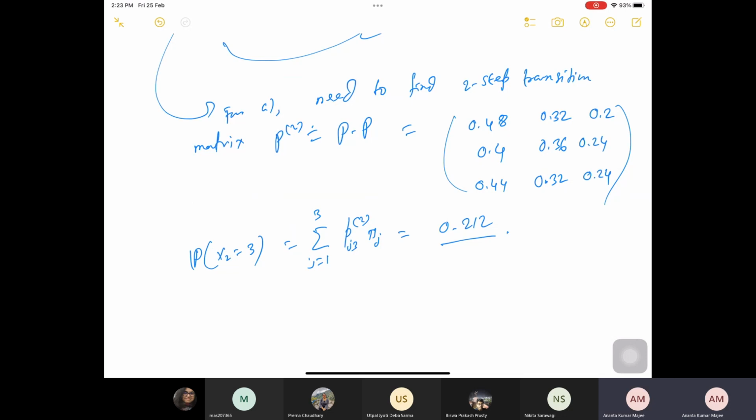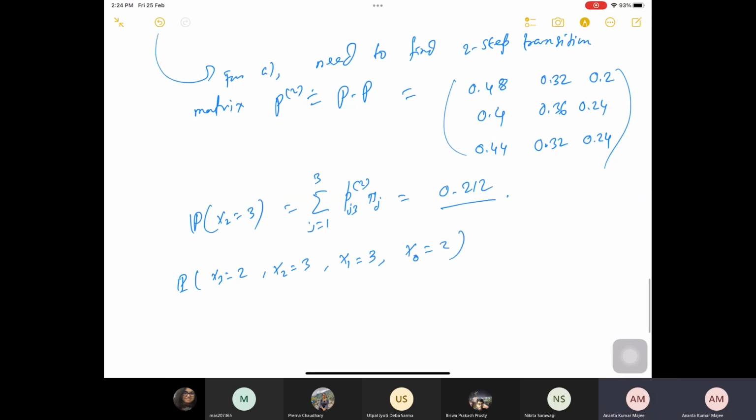And what about the other one? The probability that X3 is equal to 2, X2 is equal to 3, X1 is equal to 3, X0 is equal to 2.